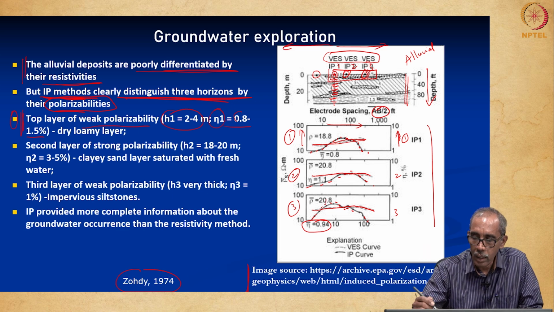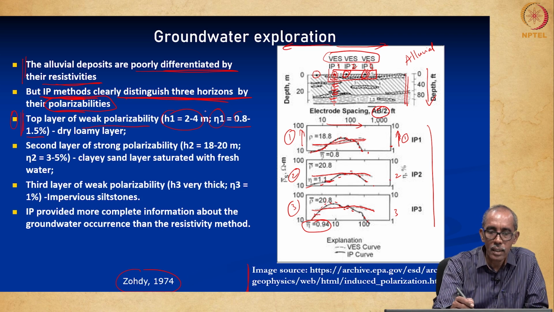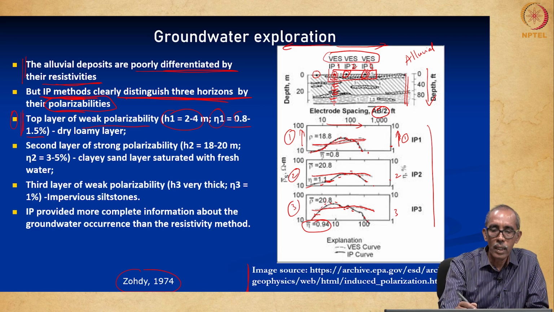In layer 1, this is the first layer, it varied only up to about 2 or so. How about here? Here also it varied only up to maybe 2. Here a little bit more, but on an average we say the chargeability varied from 0.8 to 1.5. The corresponding thickness is about 2 to 4 meters.